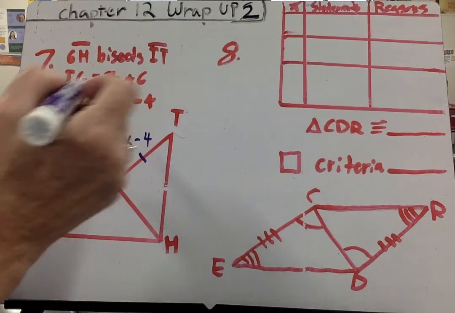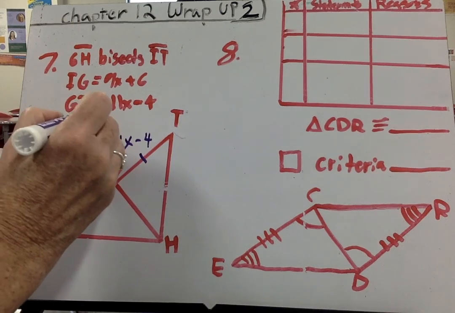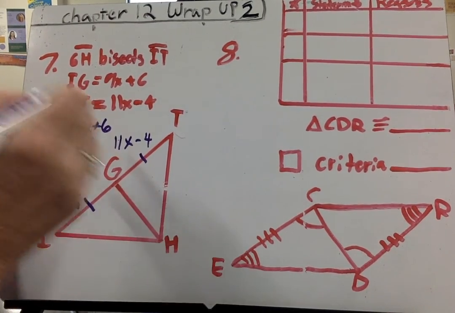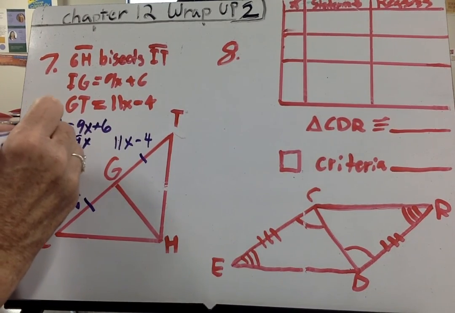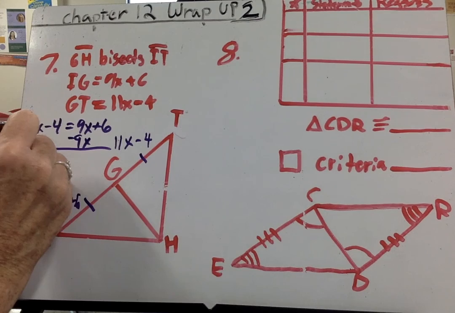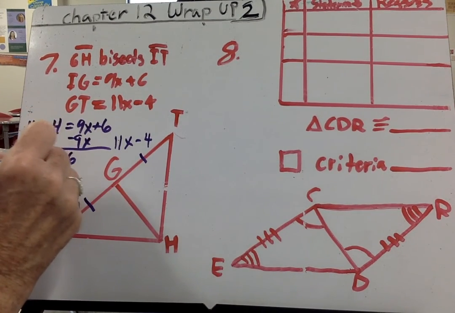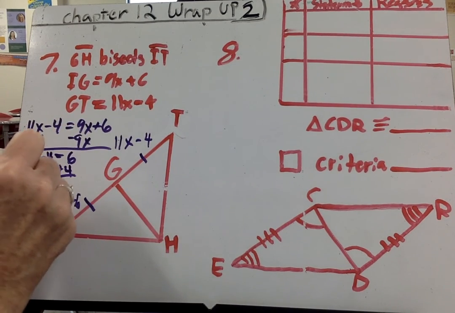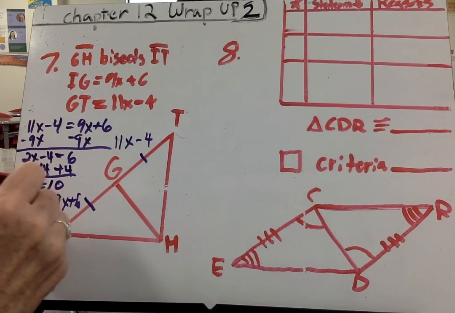Okay, so we say 11x minus 4 equals 9x plus 6. Then we just solve the equation. Minus 9x. 2x minus 4 equals 6. Add 4. 2x equals 10. We know that x equals 5.